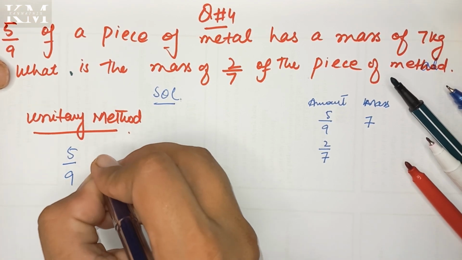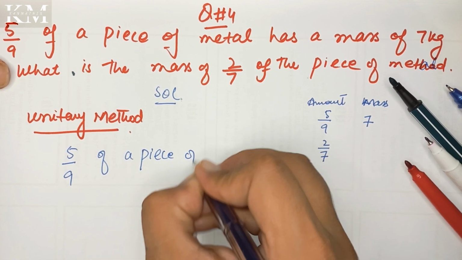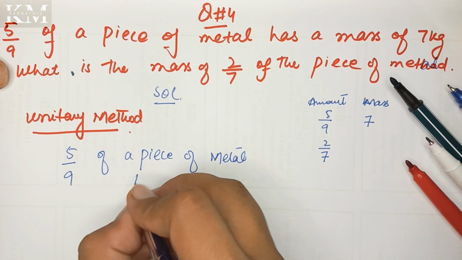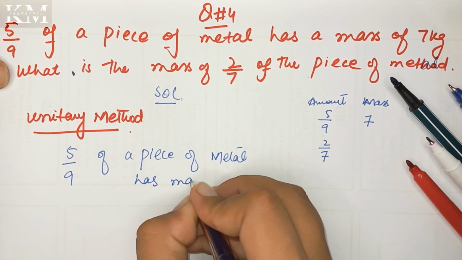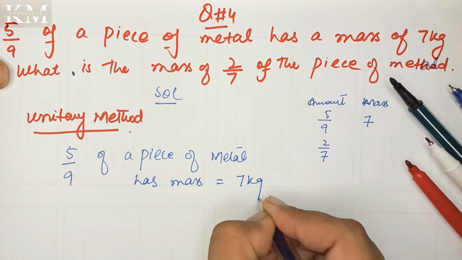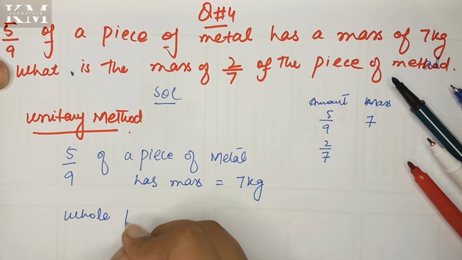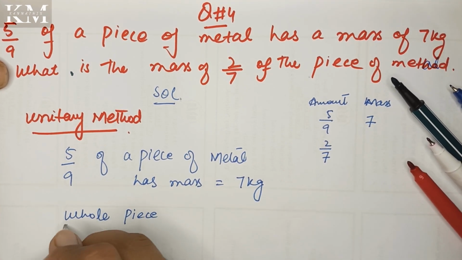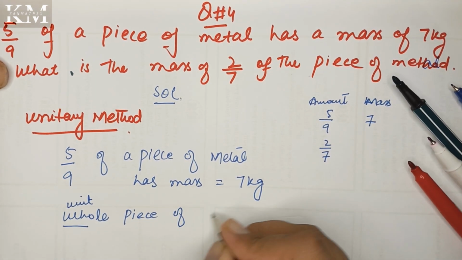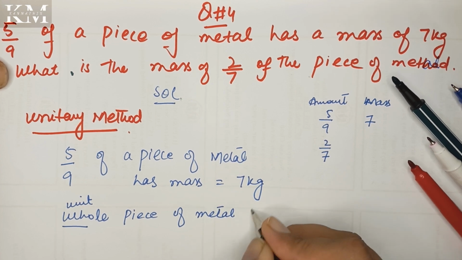5 by 9 of a piece of metal has a mass of 7 kg. So whole piece, meaning we are interested in 1 unit. Whole piece of metal has a mass.